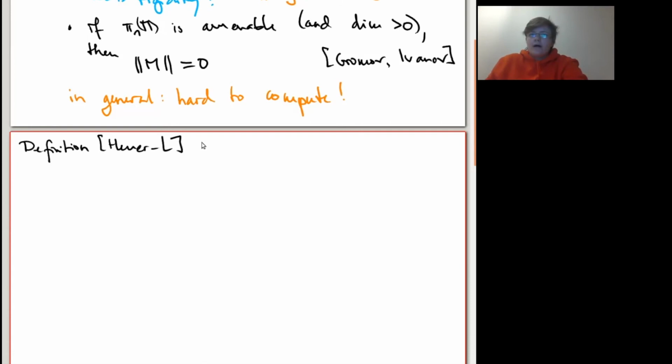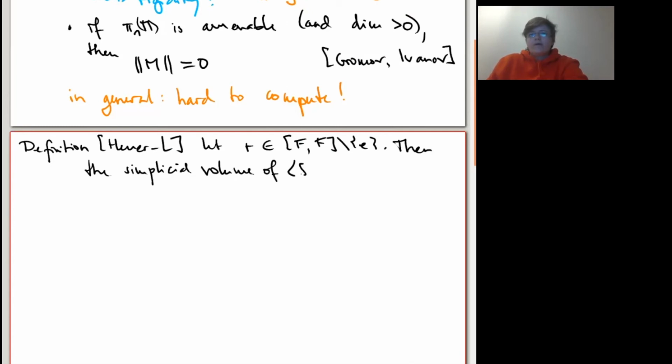Okay, so let R be a commutator and it should be non-trivial. And then we define the simplicial volume of the one-relator group as follows.